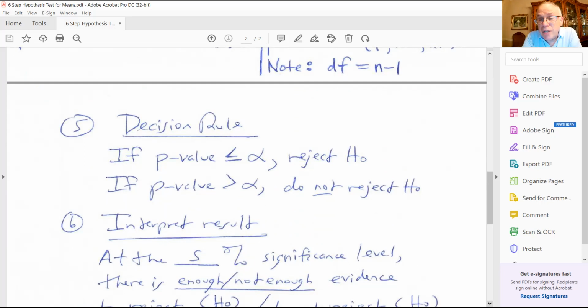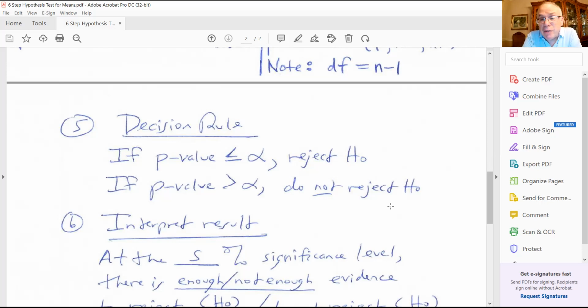I think all the examples that we get in all these books are always going to be distinguished. It's either going to be less than or greater than. So don't worry about the equal part here. Some books say less than or equal to, reject the null. To me, that's more logical than just saying less than. And if the p-value is greater than alpha, do not reject. I believe the textbook says if the p-value is less than, reject, and if the p-value is greater than or equal to, do not reject the null hypothesis.